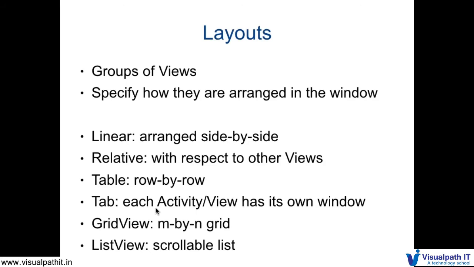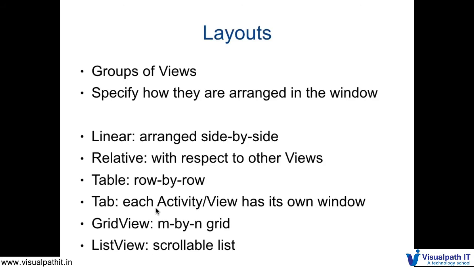And then we have a table layout, wherein we can say how many rows, and row by row. It's very similar to a table. We will specify based on rows, how many rows will be created based on the number of columns.